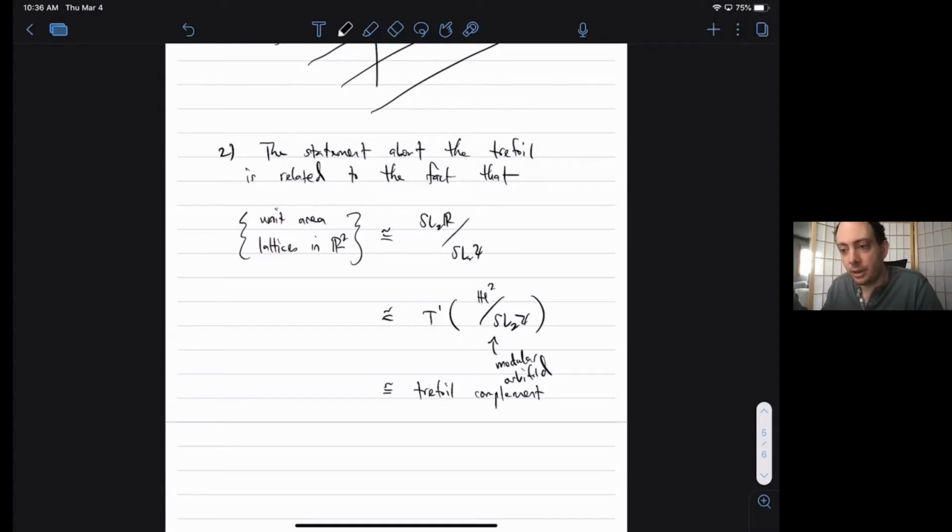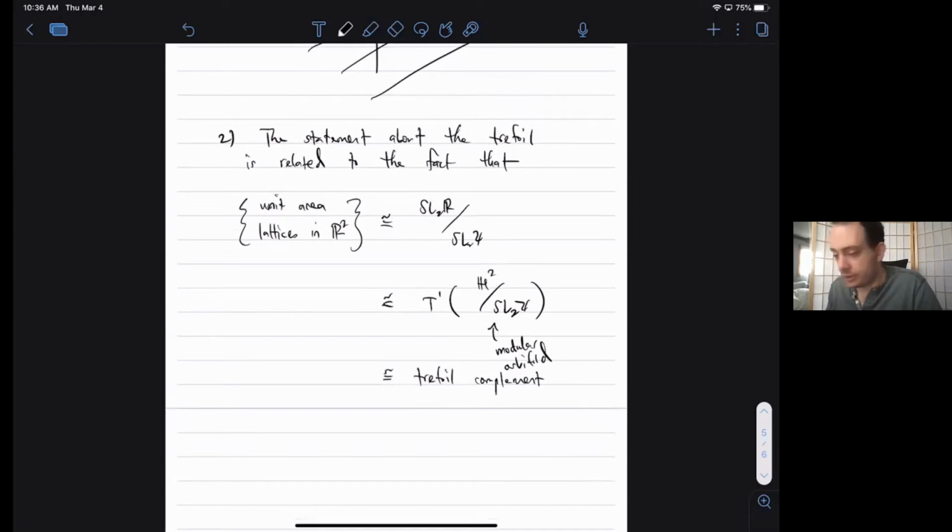If you know what these words mean, then you know that both these things are Seifert fibered spaces, and you can calculate that they have the same invariants, which implies that they're homeomorphic. So this is sort of level 0 three-manifold topology.